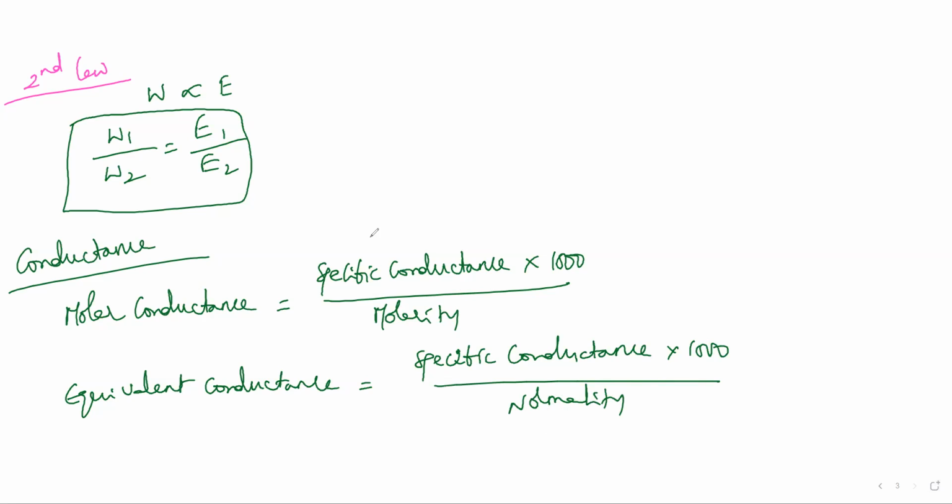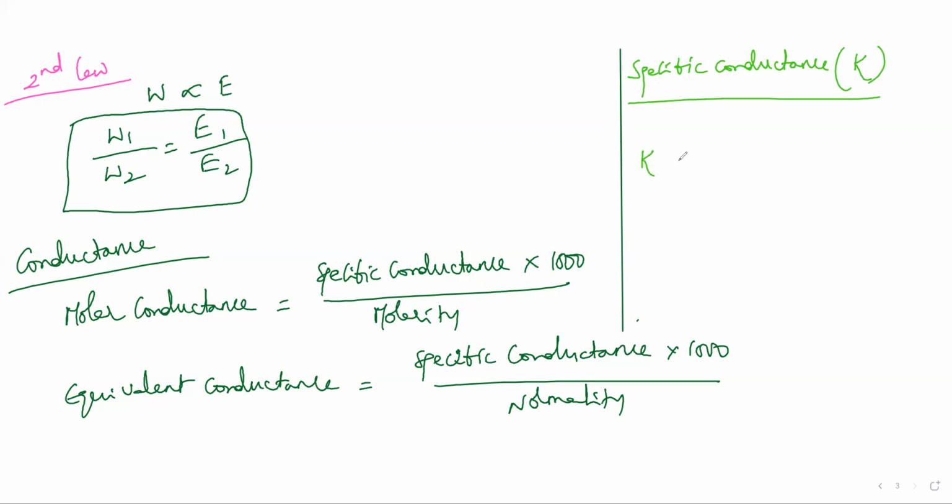Then what is specific conductance? Specific conductance is represented by kappa. So kappa is equal to, okay, first we'll start with the resistance, then we'll proceed to how we can determine the kappa value.